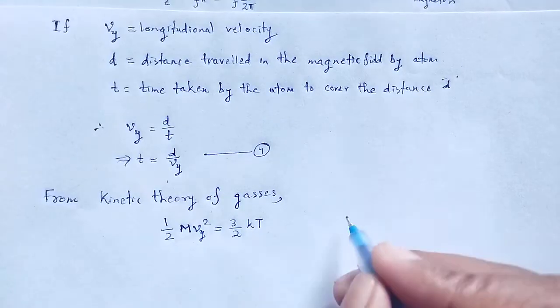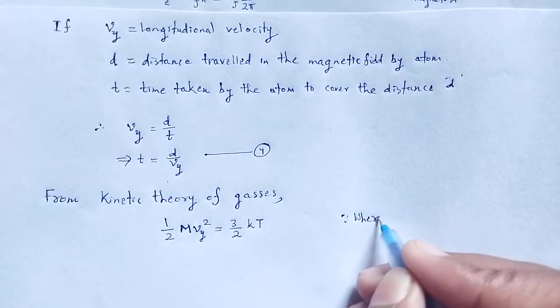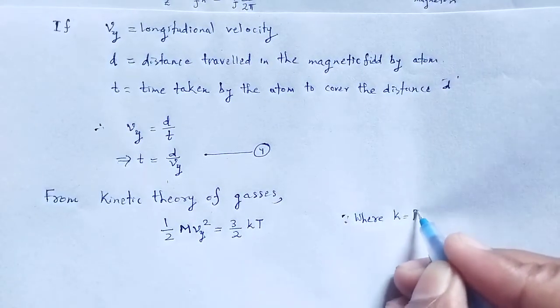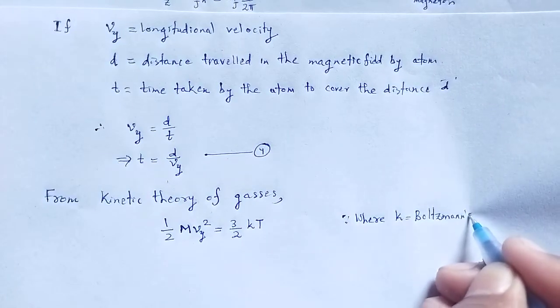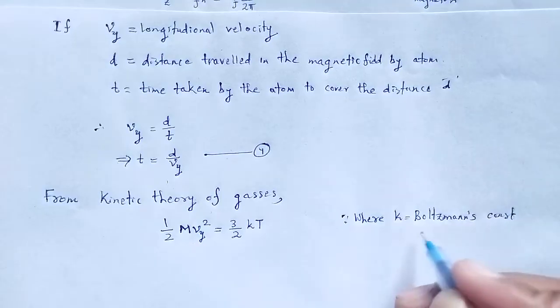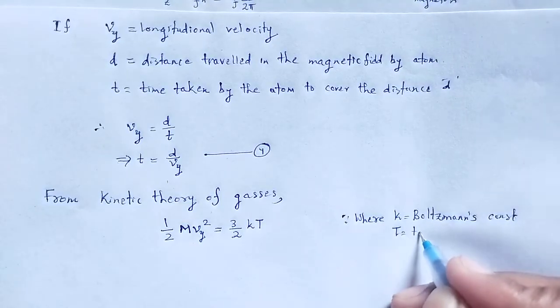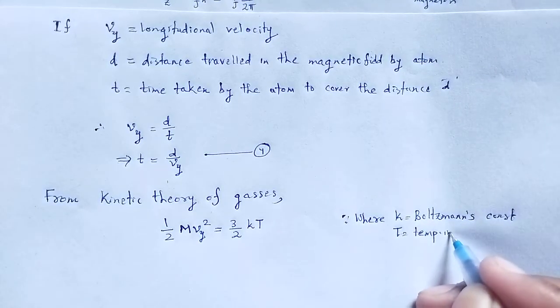Here k is the Boltzmann constant, and capital T is the temperature in Kelvin.